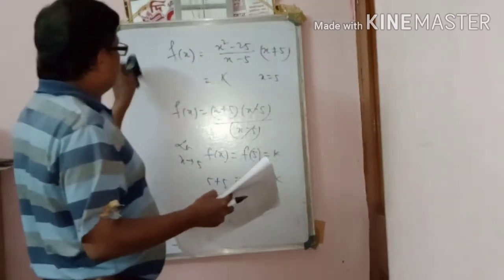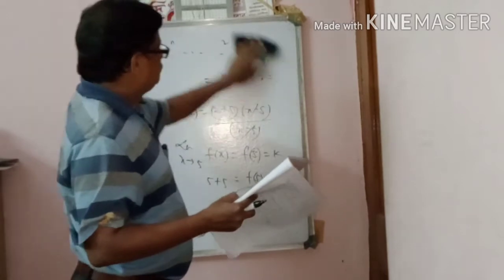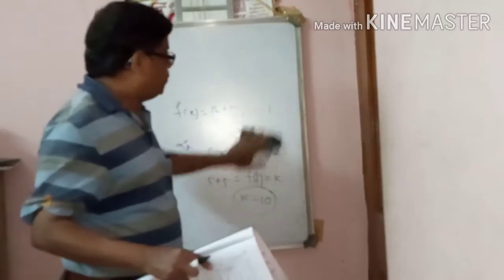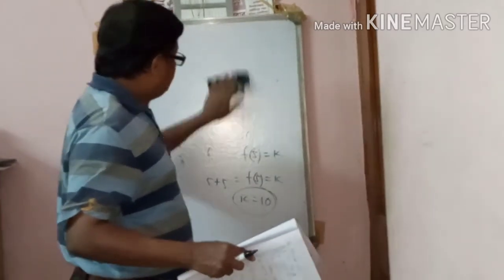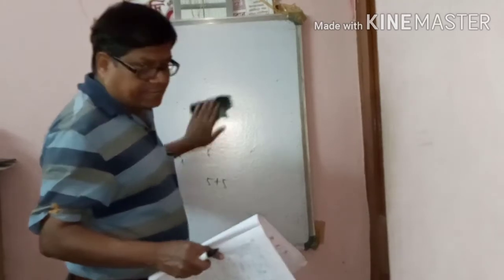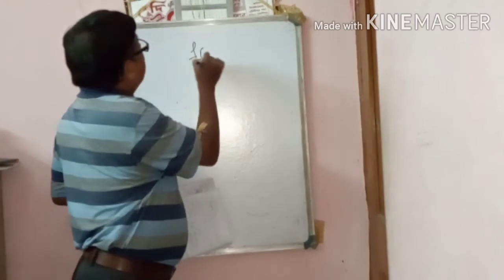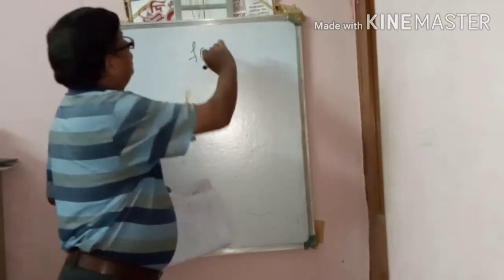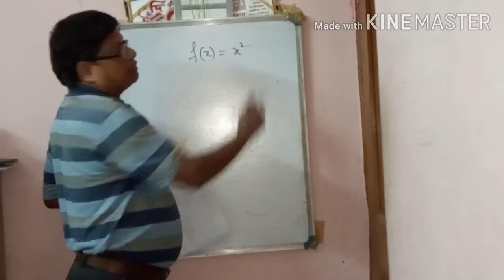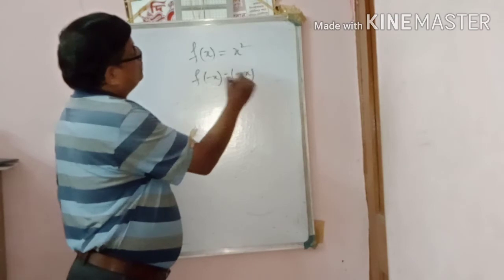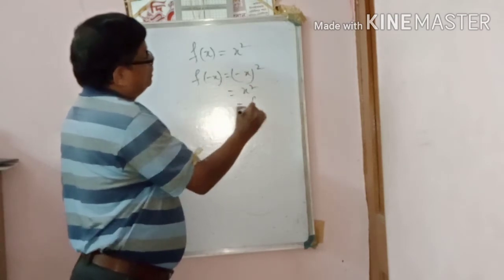Okay, so look here, I am writing about the even function. A function is said to be even if f of minus x equals f of x, and the function is odd if f of minus x equals minus f of x. See, if f of x equals x square, you put f of minus x, minus x whole square equals x square equals f of x.